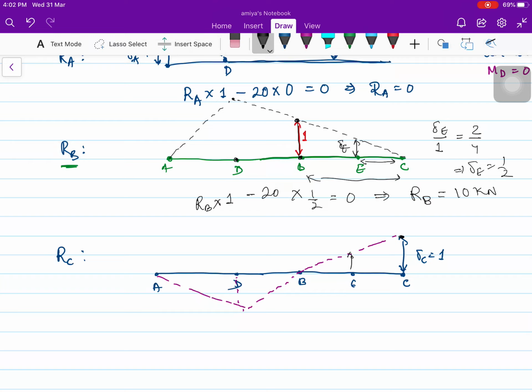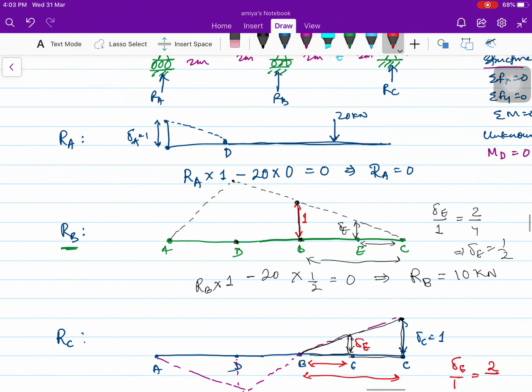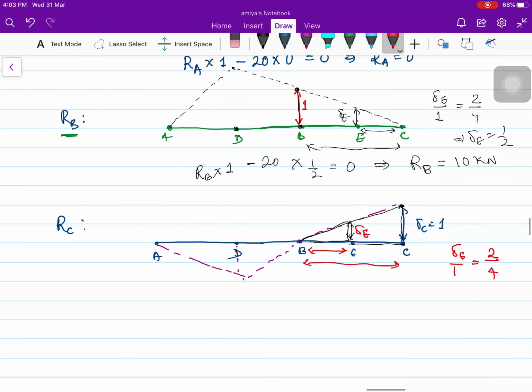So what will be delta E by 1? Because of the similar triangles I'm checking, delta E, under the load E, delta E by 1 is equal to, here the base is 2 meter divided by the total base of 4 meter. So again delta E is half.